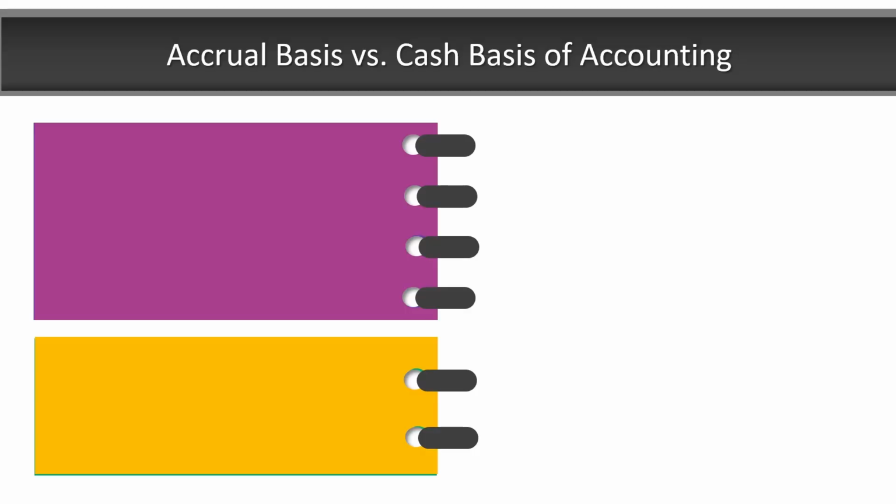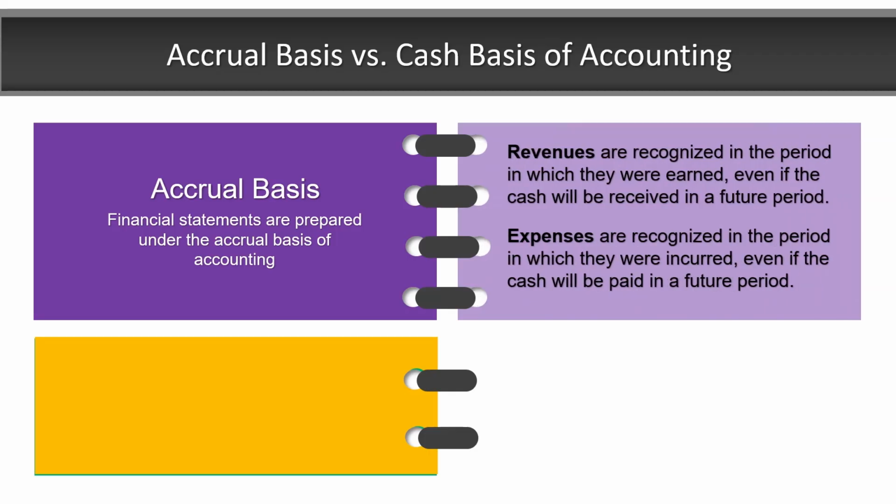Let's recall the accrual basis and cash basis that we covered in Lesson 2, Financial Statements Part 1. The accrual basis recognizes revenues and expenses when they are earned or incurred, even if the cash is received or paid in the future.